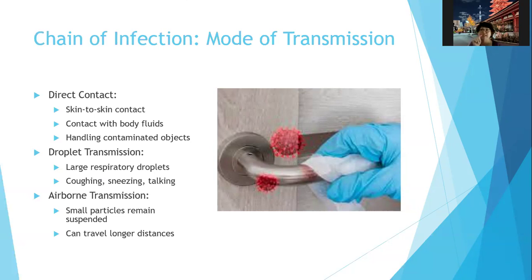A droplet, like when I sneeze, a little saliva droplet goes out 5 or 6 feet and then drops to the ground. Airborne aerosol particles are small, can float around and remain suspended, and travel longer distances than droplets because they're not heavy and don't drop to the ground as quickly.